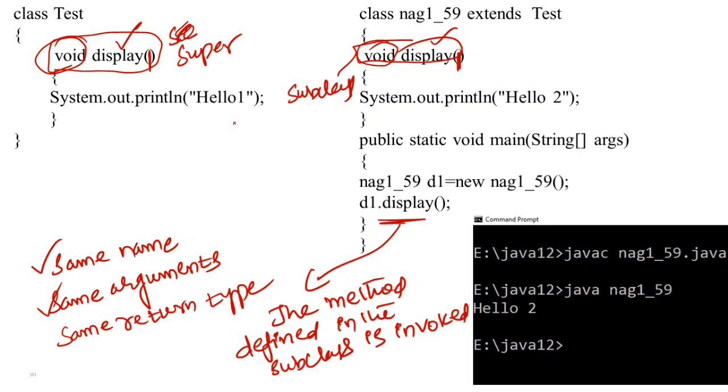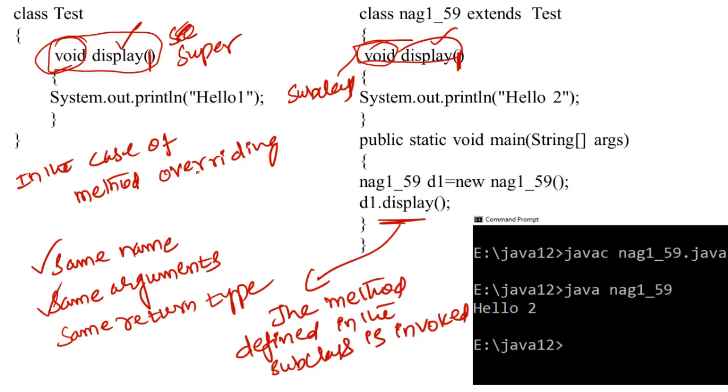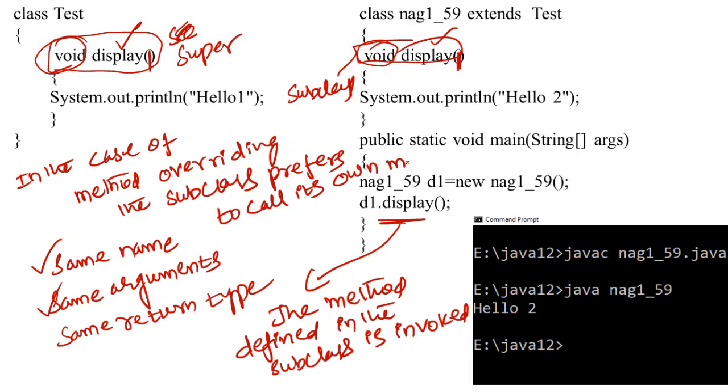In the case of method overriding, the subclass prefers to call its own method.